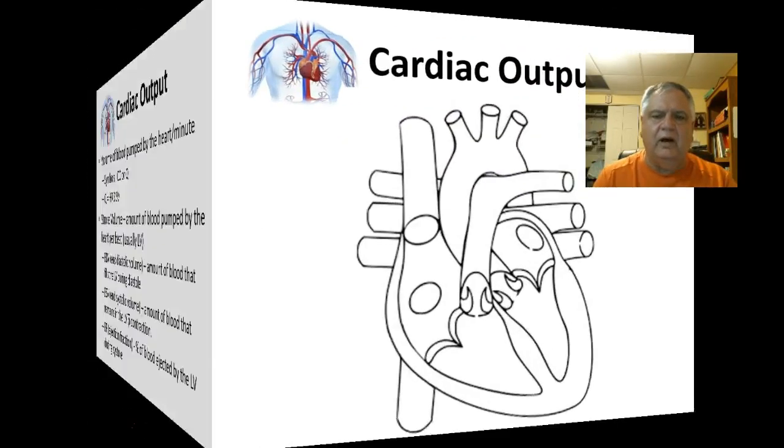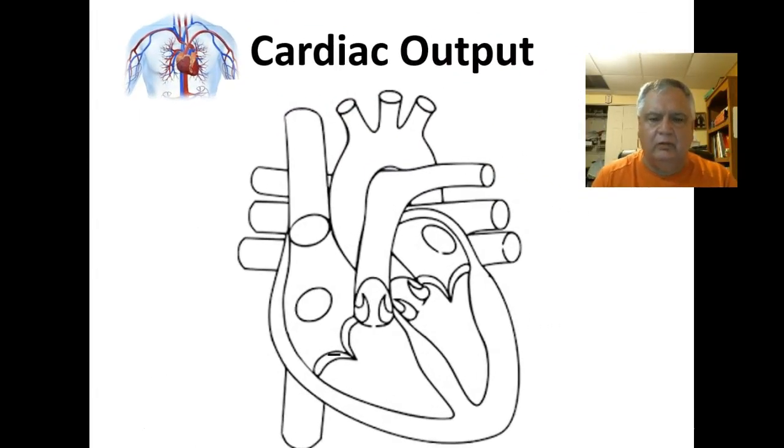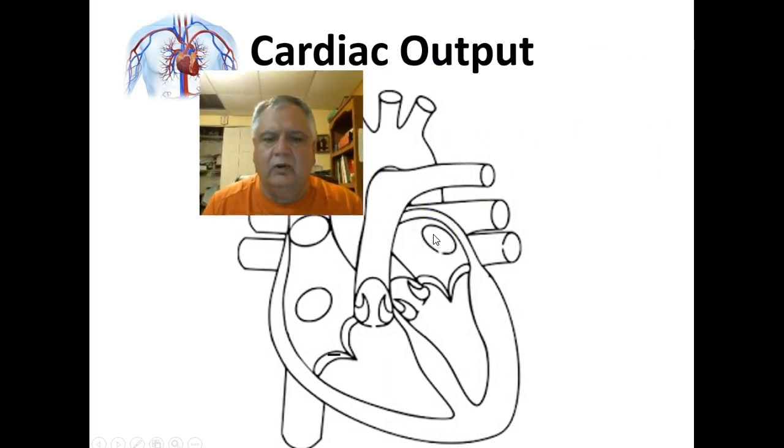So let's take a look at a diagram to help us understand how that works. Here's a diagram of the heart, and we'll focus on the left side. Here's the left ventricle, and blood is going to be coming back into the left ventricle from the pulmonary veins. Remember, they're carrying the blood back from the lungs. It's highly oxygenated, oxygen-rich blood.